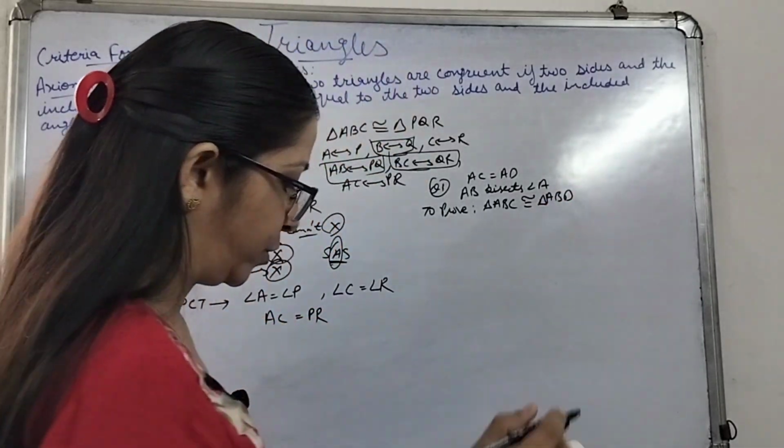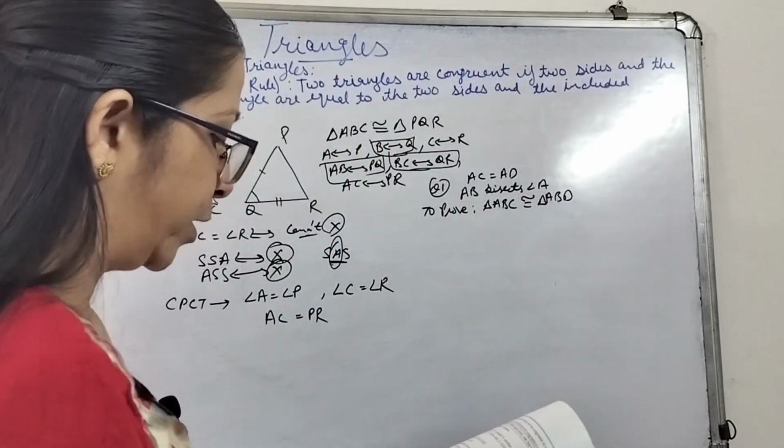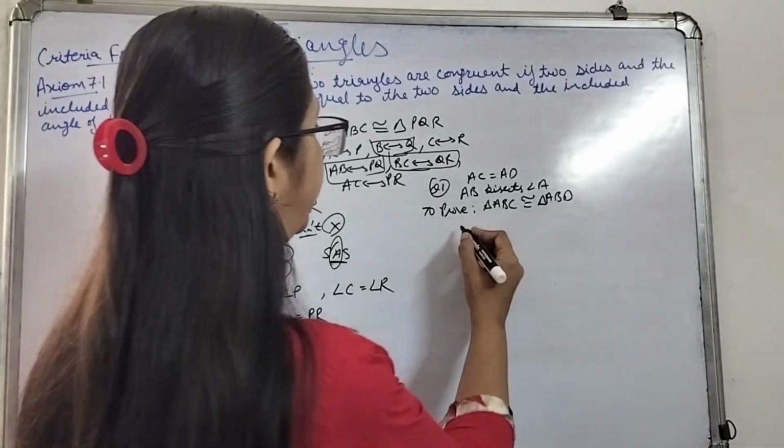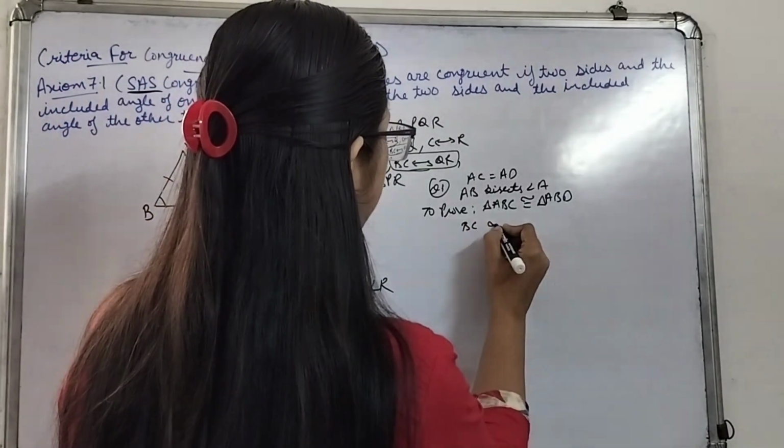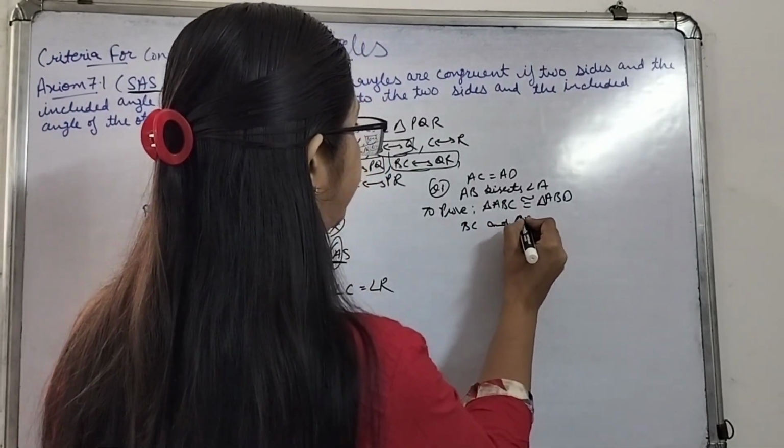This we need to prove. Now, what can you say about BC and BD? We have to interpret about BC and BD also.